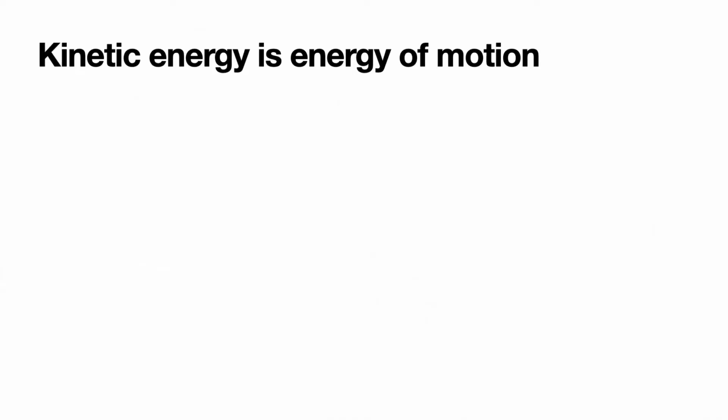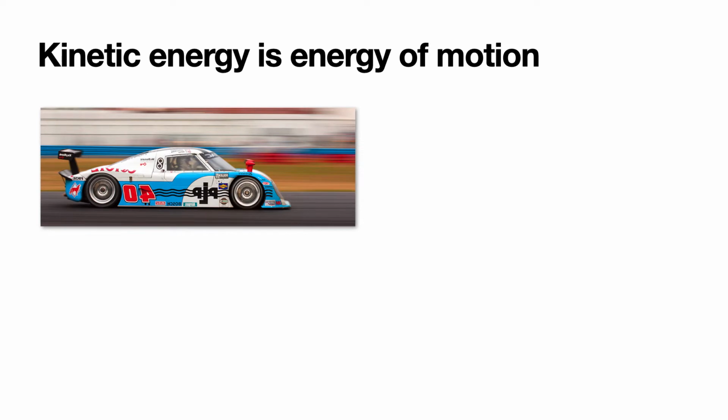So, if you've encountered some of the ideas in physics before, you may have encountered two types of energy: kinetic energy and potential energy. Kinetic energy is energy of motion, and so this, for example, shows up in objects like this racing car that are moving at some speed. In chemical contexts, kinetic energy most often shows up in movement of molecules, especially in fluids like liquids and gases.